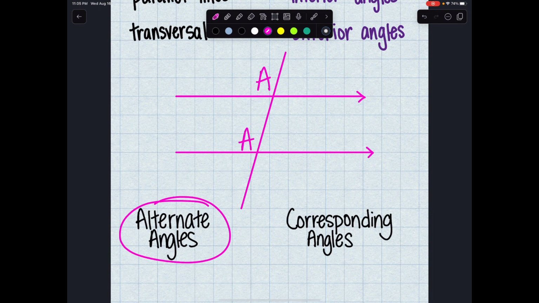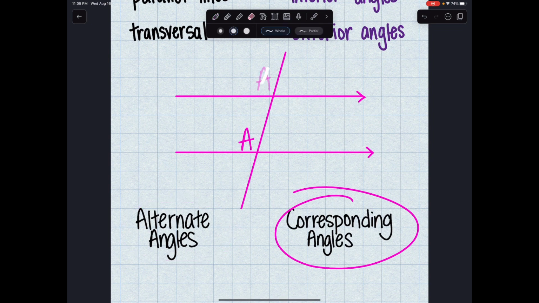It's going to be this A. I don't know if that makes sense, but it's sort of in the same position. Like if someone's trying to copy you down below, they're going to put it in the corresponding angle. Okay, so if you put your B here and someone wants to correspond and copy you, they're going to put it here. They're just like a copycat. They're just doing it in the same spot. So corresponding means they're trying to be a copycat.